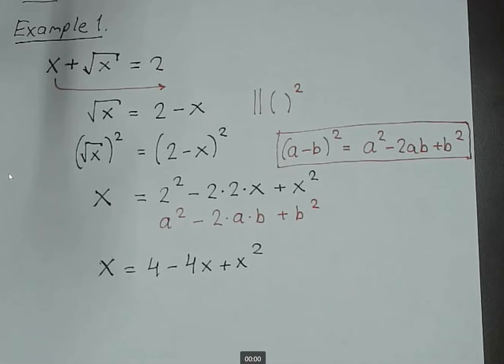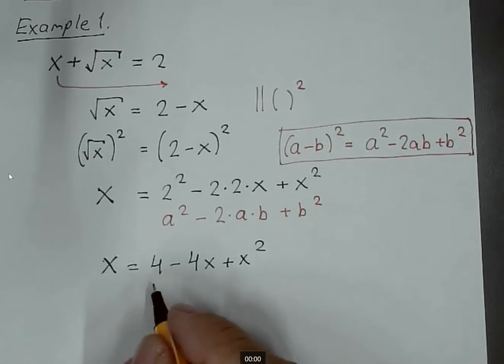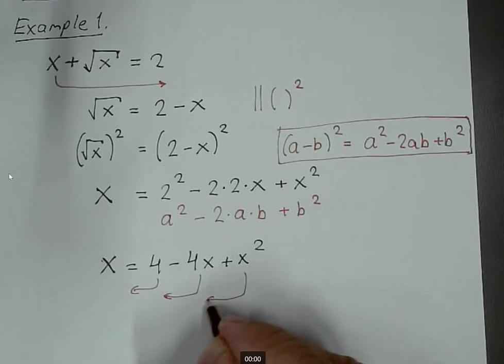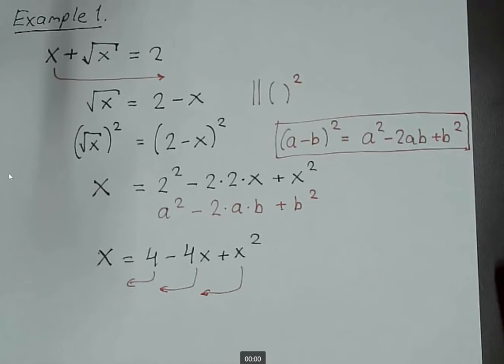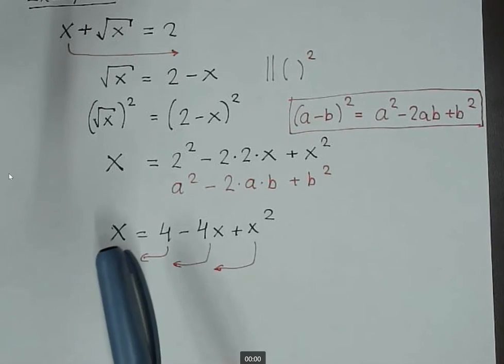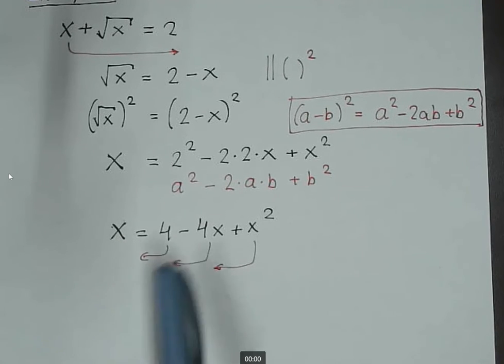And now we see that we have an equation where there is exponent 2, so that means this is a second order or quadratic equation. So we have to solve this so that we will move everything to the same side of the equation, for example to the left hand side. Of course I could also move this x to the right hand side, but now I will do it in this method.